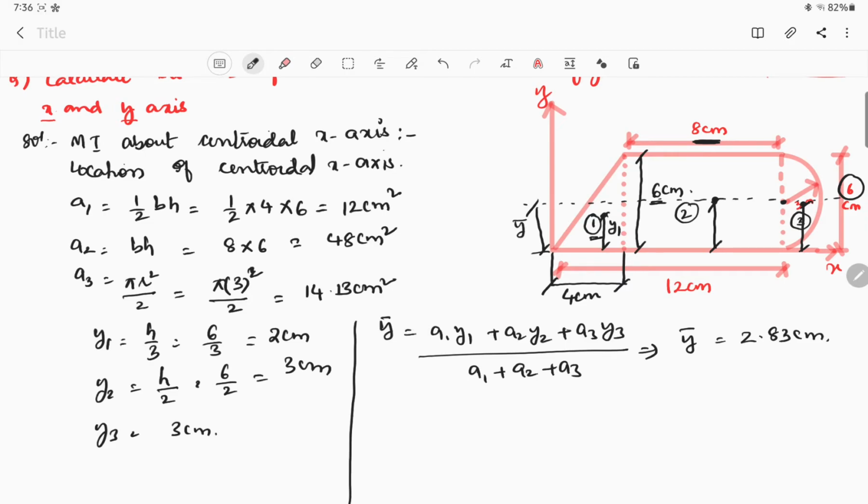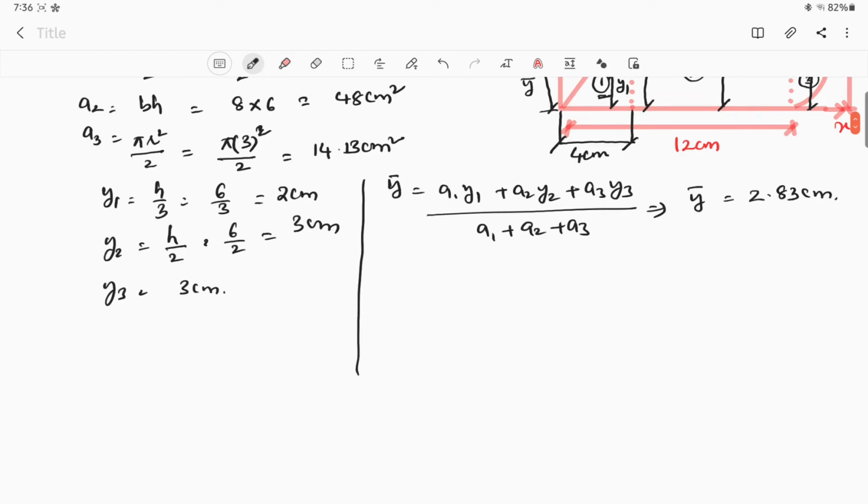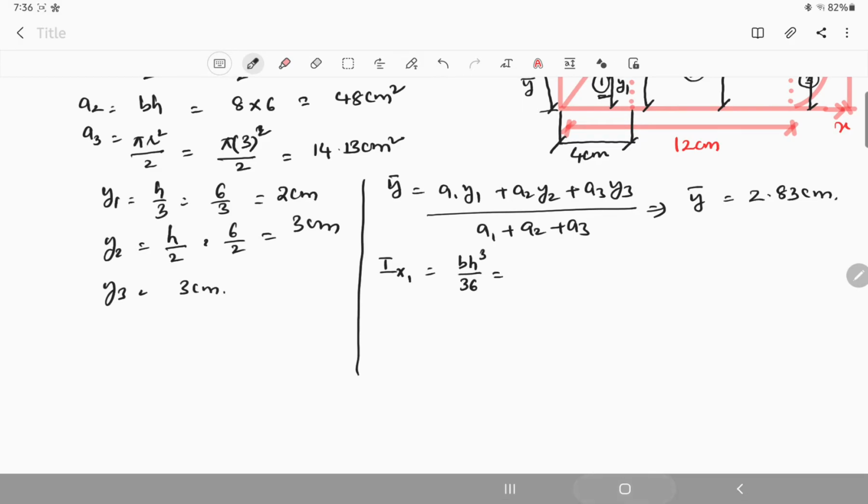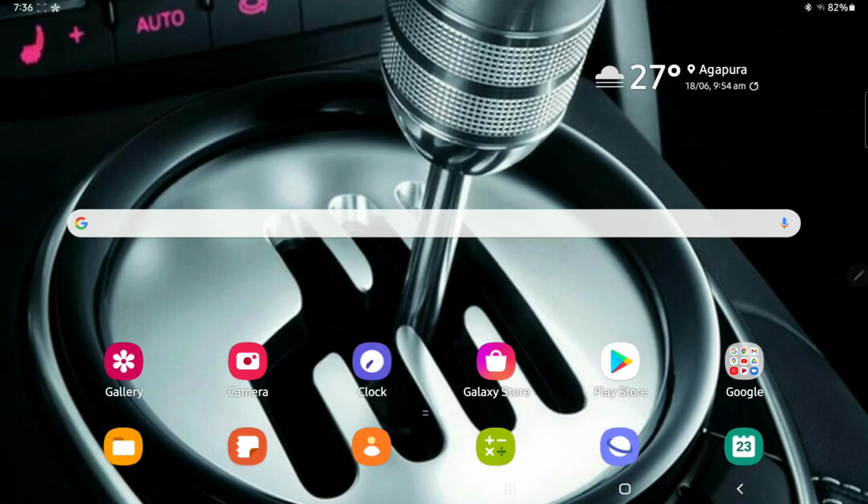Now our y bar is over, so we can calculate our moment of inertia about centroidal x-axis with respect to the individual figures. That is, Ix1 is equal to bh cube by 36. This is the formula for a triangle, bh cube by 36.